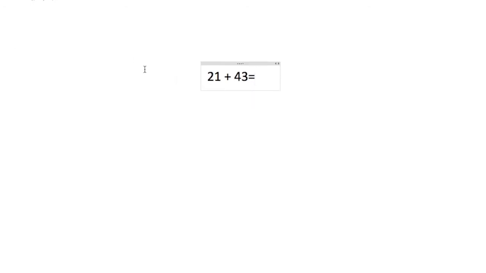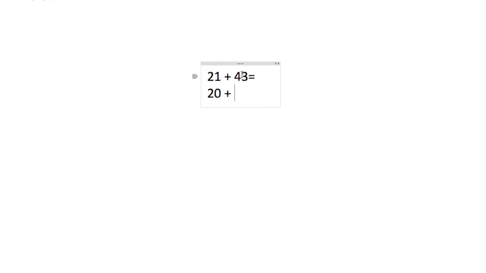21 plus 43. Let's do the same here. Let's look at the nearest tens. 21 would round back to 20, because anything after 5 you round forward, and anything before 5 you round back. So 20, and then an addition sign, and 43.